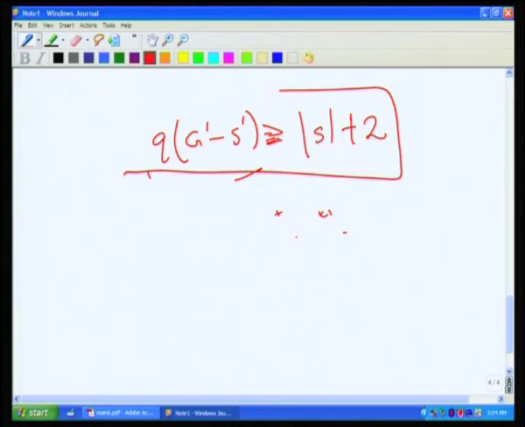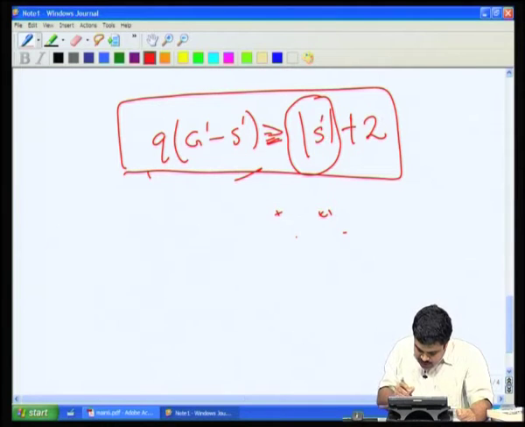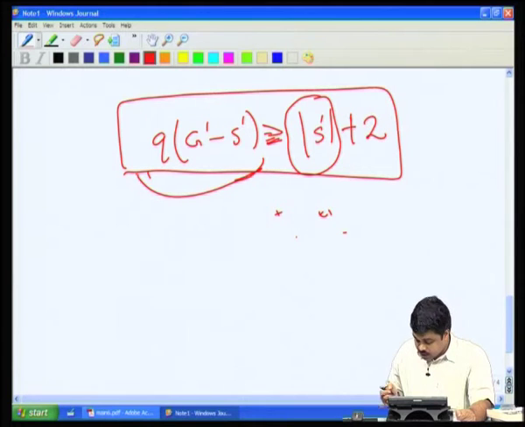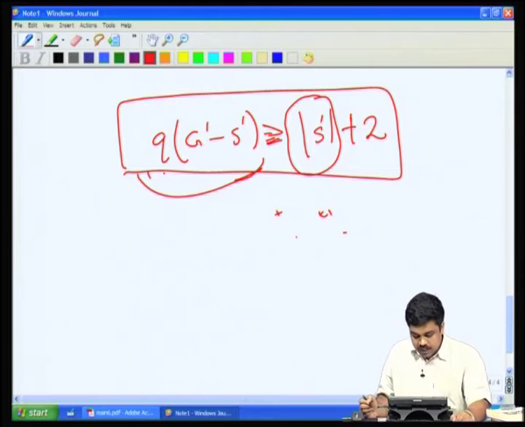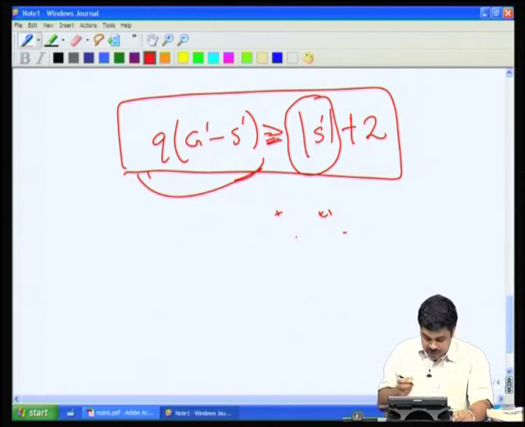This is true because if we consider the parity of s dash, that means if s dash is an even number, then this also has to be an odd number, because together they have to make an even number. Similarly, if this is an odd number, then this has to be an odd number, therefore it has to be at least 2 more. So, that is why the difference has to be at least 2.